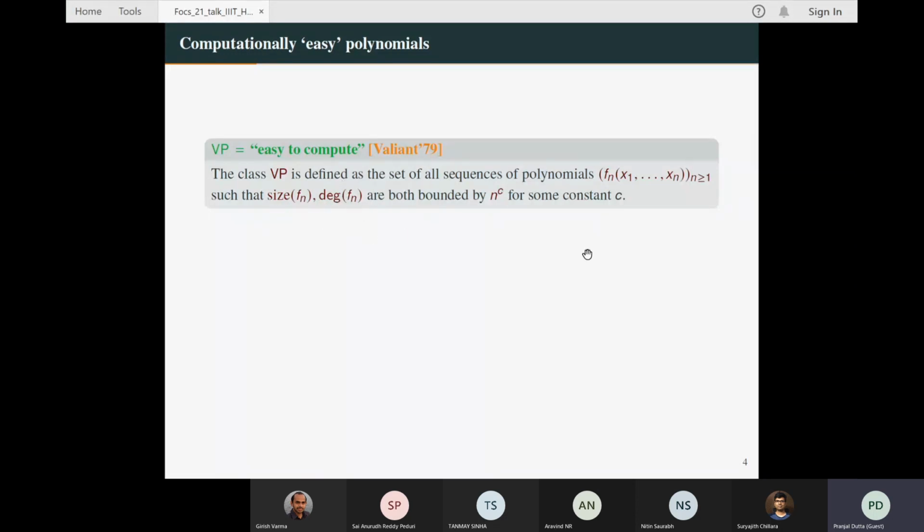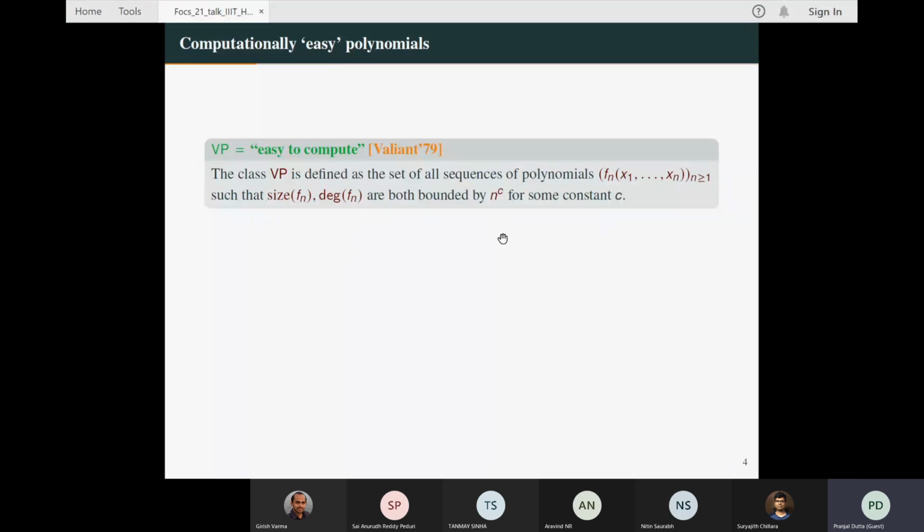For example, x to the 2 to the n has a circuit of size order n: you can just multiply x by x to get x squared, then x to the 4, then x to the 8, and so on, improving quadratically. But we will not consider that in VP because the degree is exponential. So we will only consider polynomials where both the circuit size and the degree are polynomially bounded. This is my easy definition.